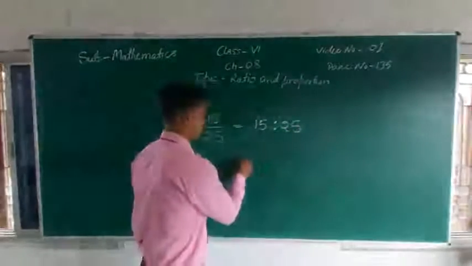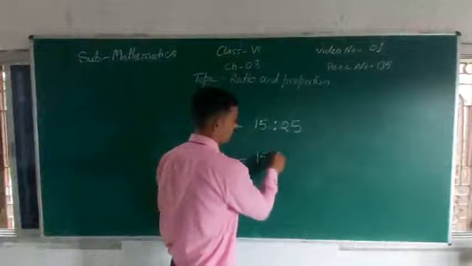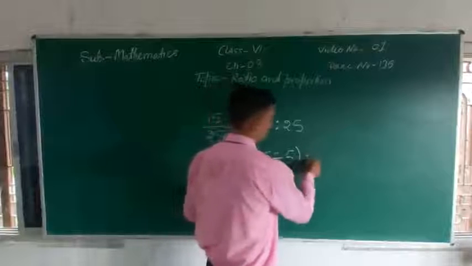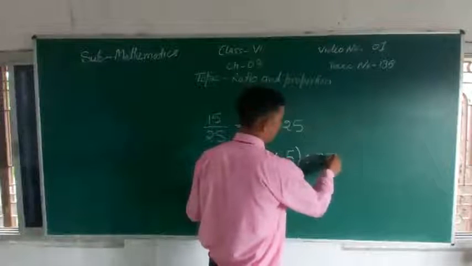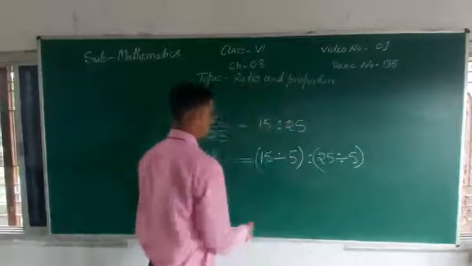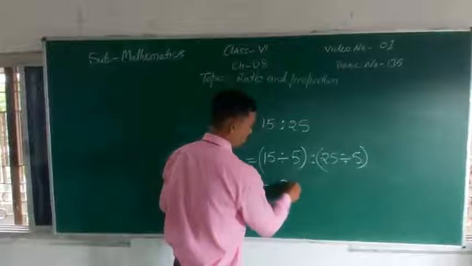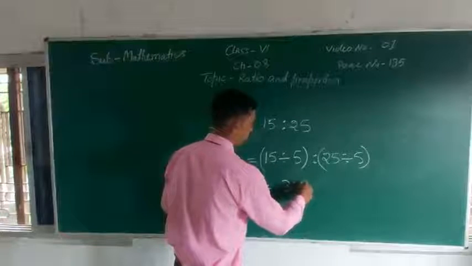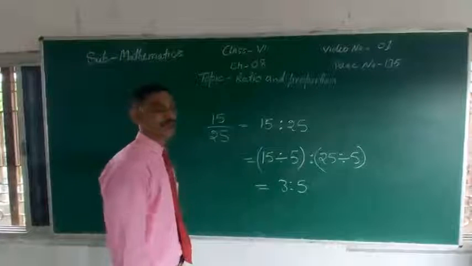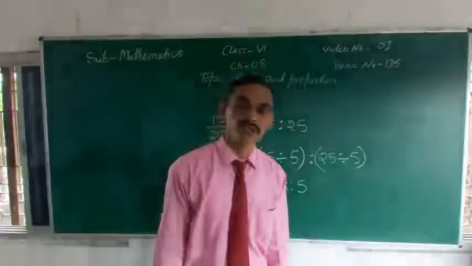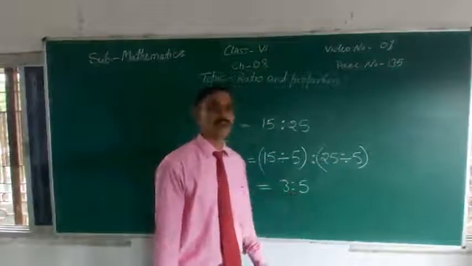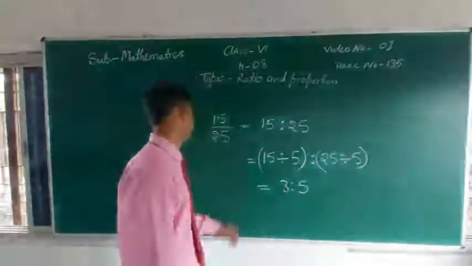Now you can write it as 15 divided by 5 ratio 25 divided by 5. Here we have 3 ratio 5. It means we have divided both the first term and the second term by 5. We will get 3:5.